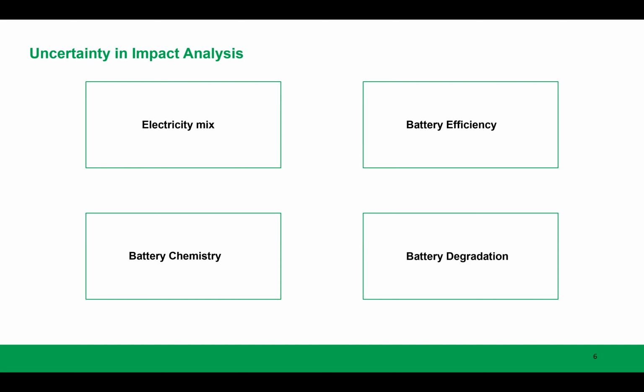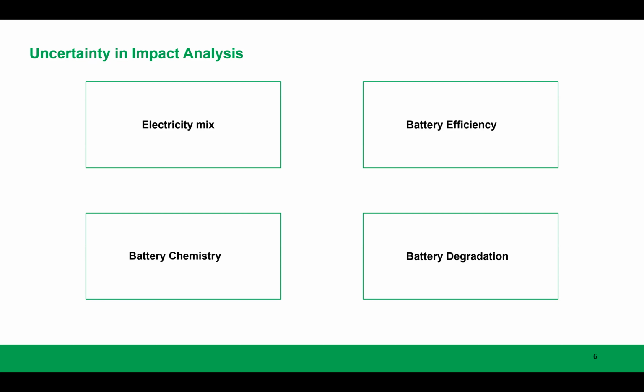Third, battery chemistry. Various materials are used during production of these batteries. Due to that, it adds uncertainty into the impact analysis. As an example, solid-state batteries have less toxic material compared to lithium-ion batteries, which means that solid-state batteries are 39% lower impact on the environment.